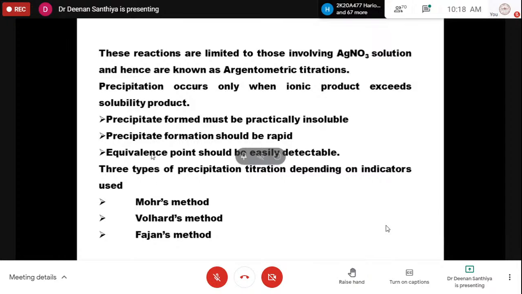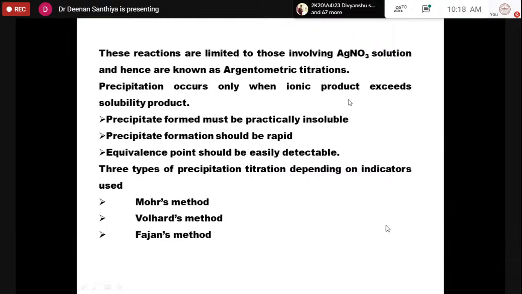The precipitation occurs only when the ionic product exceeds the solubility product. I hope all of you know this concept. This is a major criterion for precipitation titration.